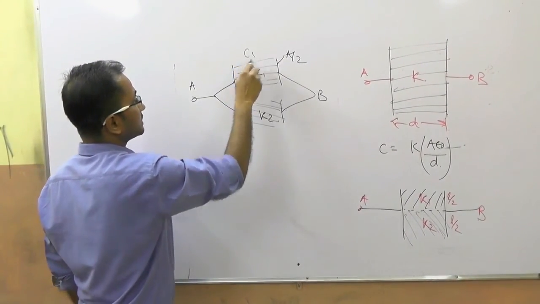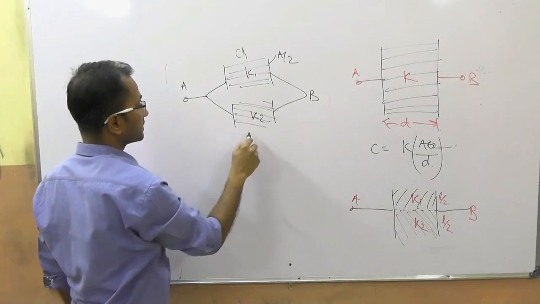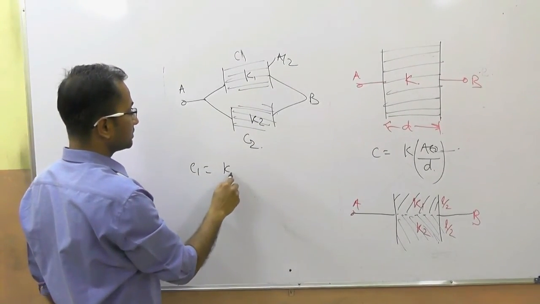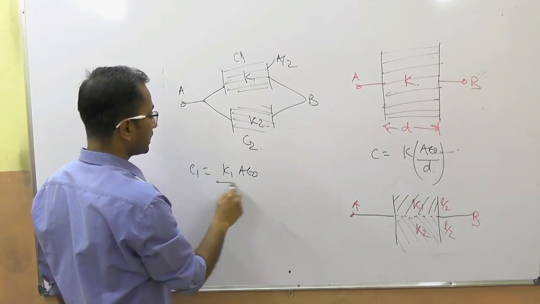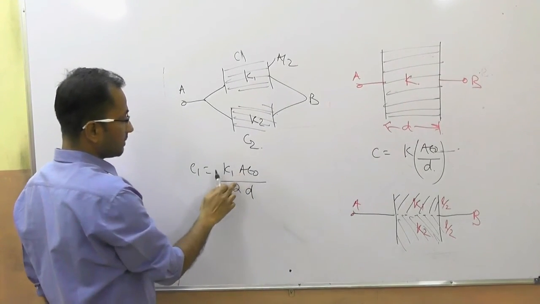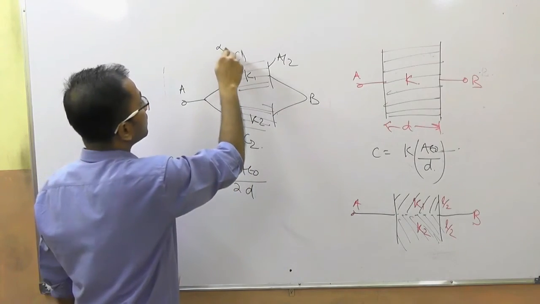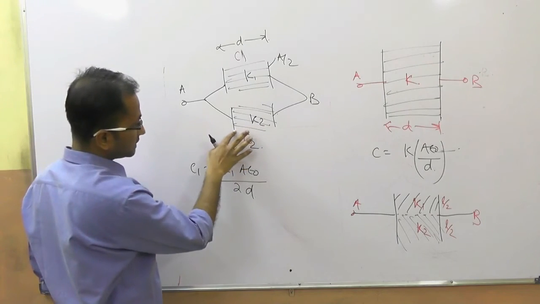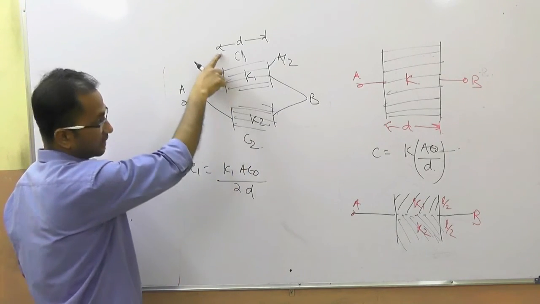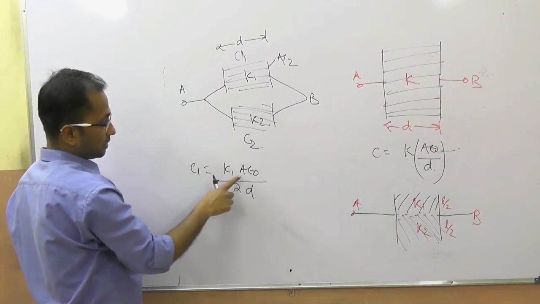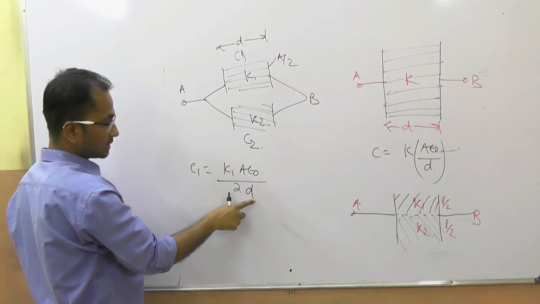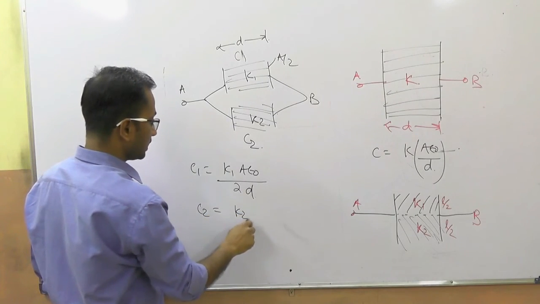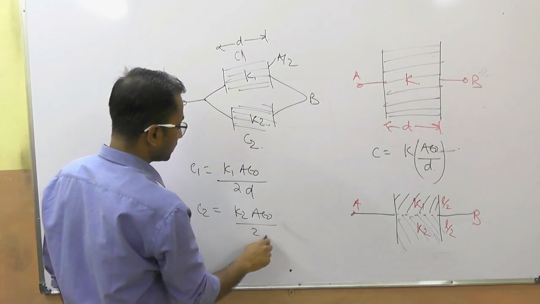C1 is K1 A epsilon naught by 2D, where the gap between the two plates is D. The area becomes half, D is the same. Similarly C2 is K2 A epsilon naught by 2D.